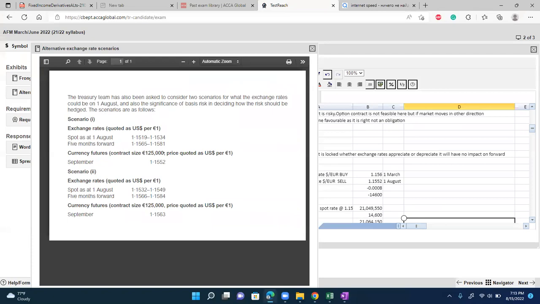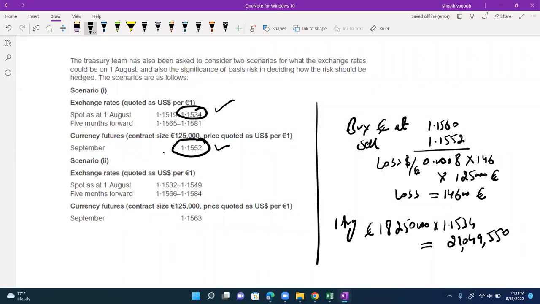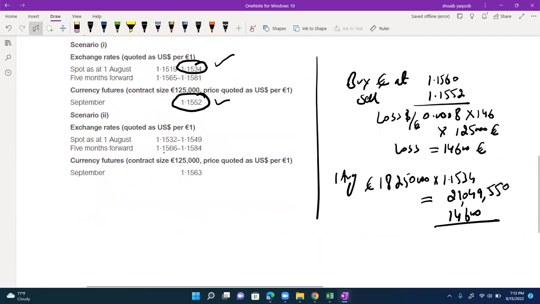That's the amount you will pay to buy the euros on 1st August. Plus you have to pay 14,600. So in short, you will have to pay 21.19 million. That's the amount you will have to pay.